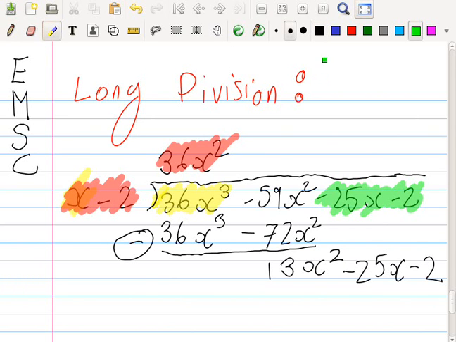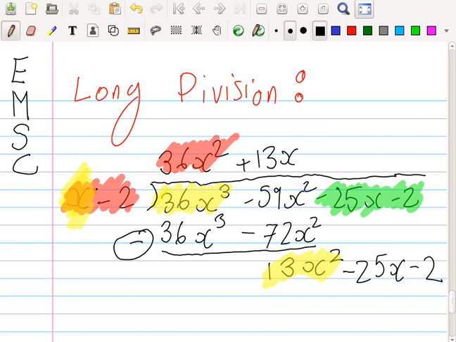So let's see, put it in yellow again. So I look at the first term here, and then I look at the first term here. And then you say to yourself, what do I multiply x by to make 13x squared? 13x. That's done. Now we multiply.